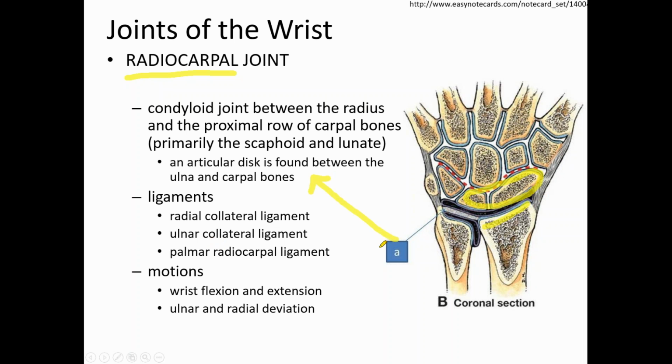And we've got more ligaments here. Radial collateral and ulnar collateral ligaments. Then, of course, we've got a palmar radiocarpal ligament, so on the palm from the radius to the carpals. And we already talked about the motions, wrist flexion, extension, and ulnar and radial deviation.